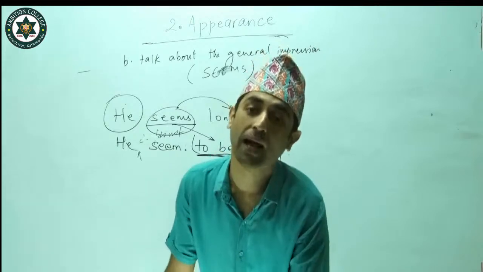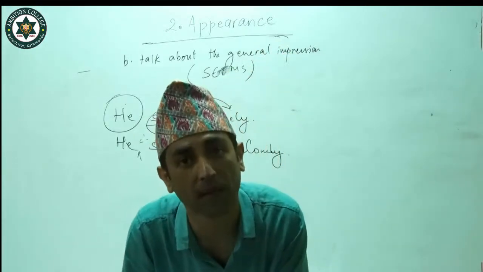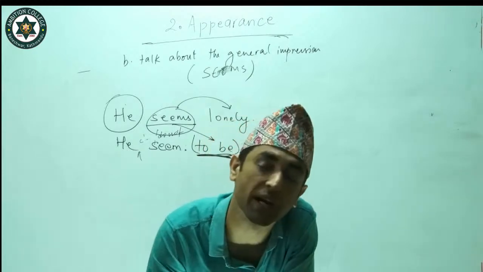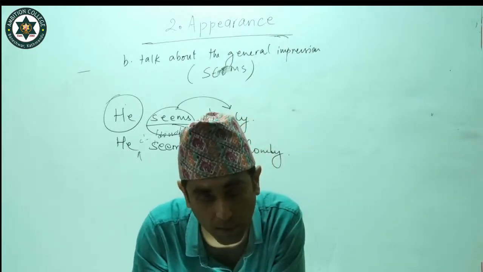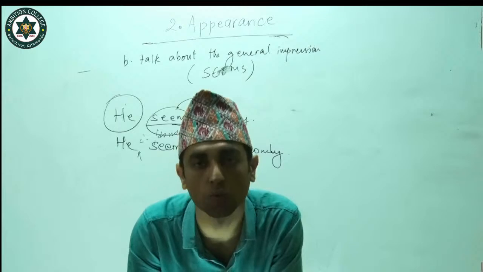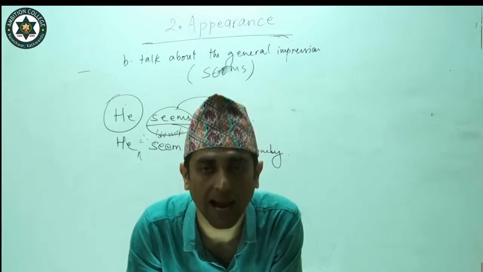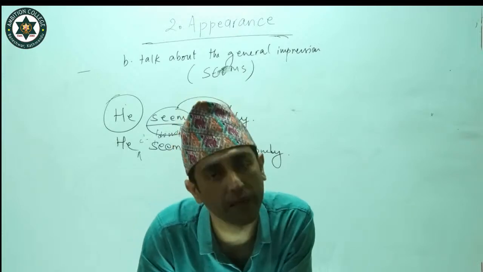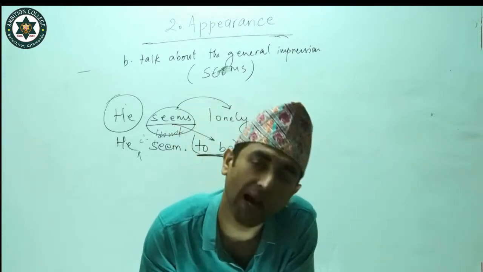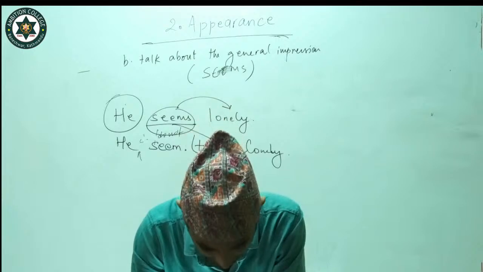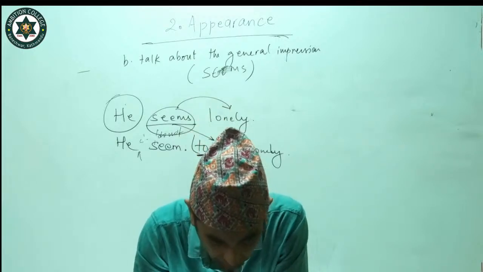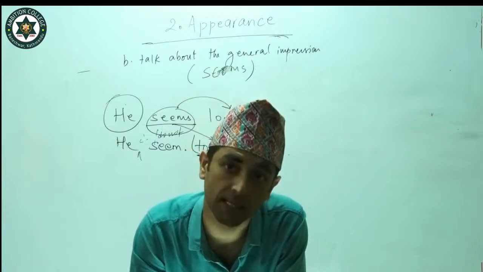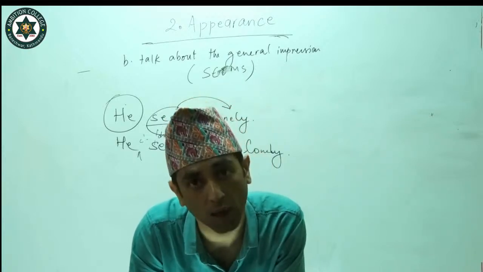So while we are talking about the appearance and the general impression of people, we use seem. And this seem can be used either with to be or without to be. For example, given in your book, he seems lonely can be written as he seems to be lonely.